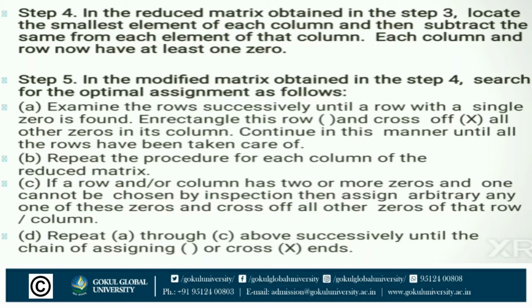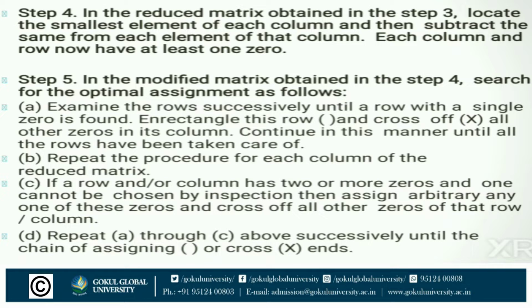Step 5: in the modified matrix obtained in step 4, search for the optimal assignment as follows. First, examine the rows successively. Second, do the same procedure for each column of the reduced matrix.